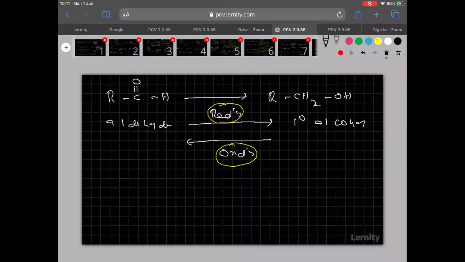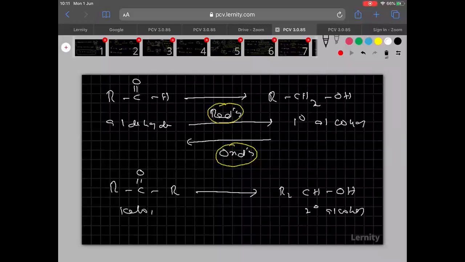Similarly, if I take the ketone case, that also we are going to see here. R C double bonded O R. As I told you, ketones undergo reduction to give what? Secondary alcohols. So this is the secondary alcohol and this is the ketone. Clear? When ketones undergo reduction, we get secondary alcohol. If I move in the backward direction, that would be oxidation. Secondary alcohols on oxidation give ketones.